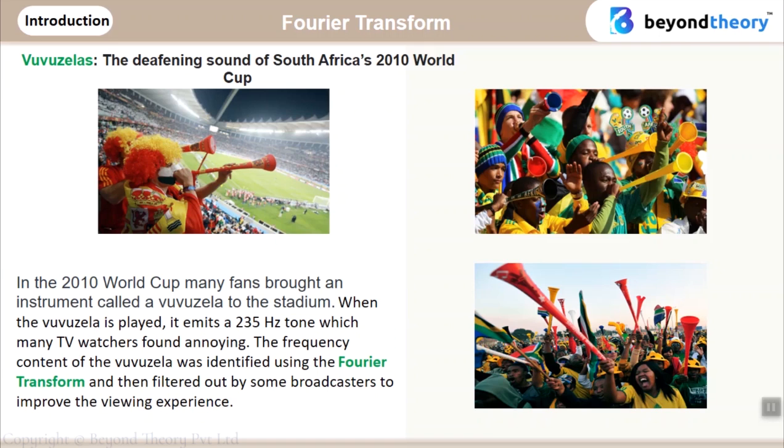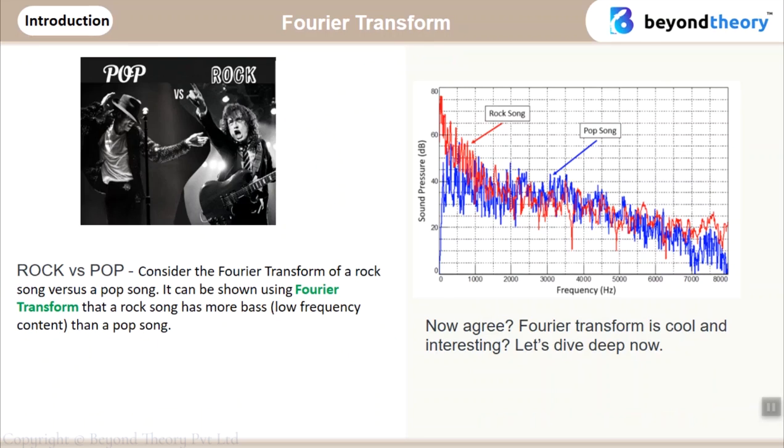So this is the amazing effect of Fourier transforms and noise cancellation, an amazing application of Fourier transforms in the world of broadcasting. Another great application of Fourier transforms is when you want to do some sort of sound processing or voice modulations.